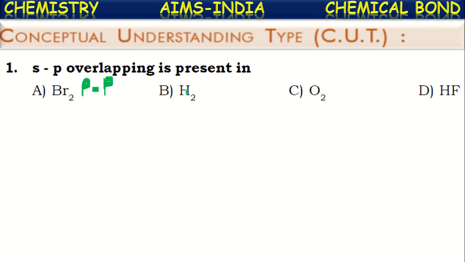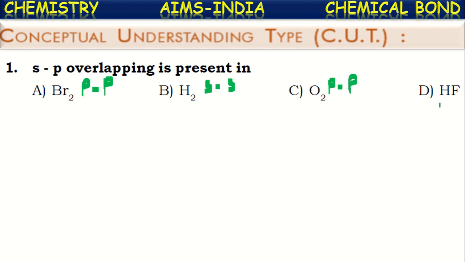In the H2 molecule, the hydrogen atom has its half-filled orbital in the s subshell. Both are hydrogen atoms here, so when these two hydrogen atoms approach each other, they undergo s overlapping. Whereas oxygen has its half-filled orbital in its p subshell, so here also we can expect pp overlapping.